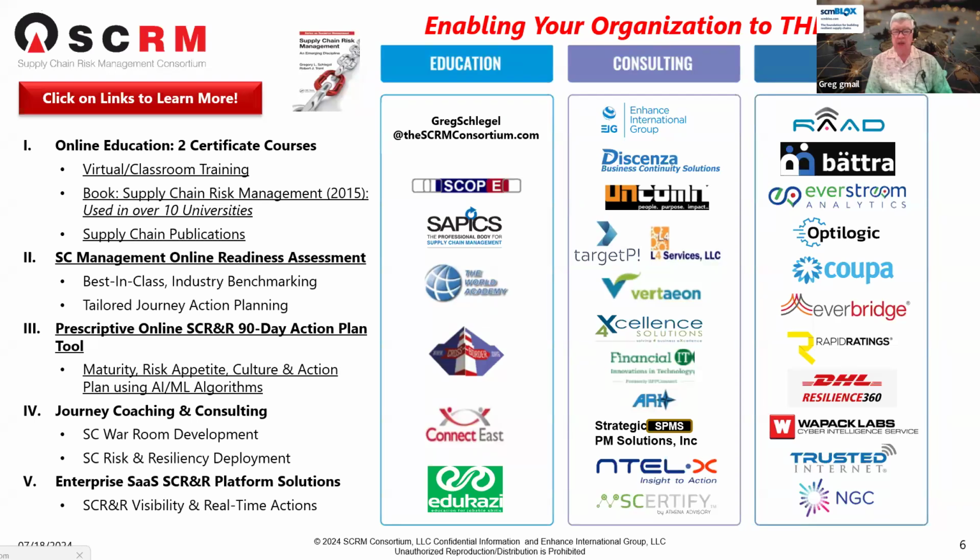And it uses a lot of AI, ML algorithms to produce real quick graphs. We coach, we consult, we lead, guide, direct, and coach companies on their journey. And again, we have a host of platform solutions that support supply chain risk and resiliency.